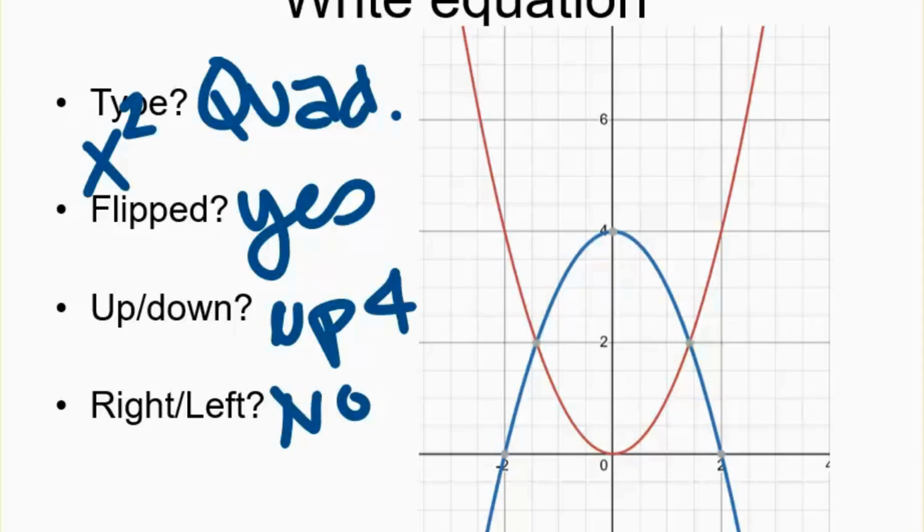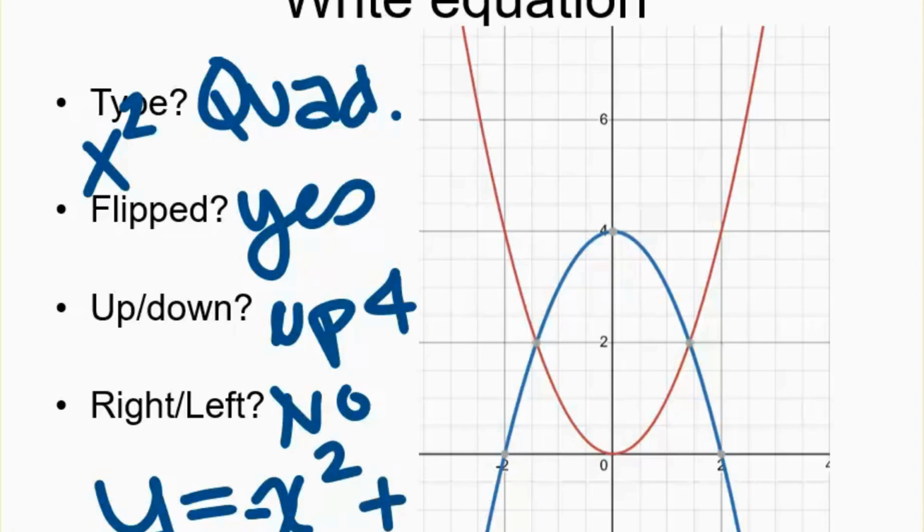You can go back and look at the rules. Since I'm only moving up and down, I don't need parentheses. However, I do need a negative to flip that upside down. So negative x squared, up 4 is going to be plus 4. So that equation is y equals negative x squared plus 4.